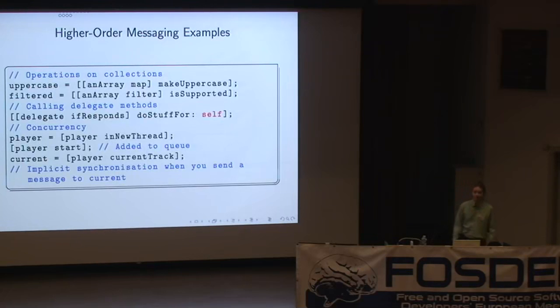And with this higher order message, we just say delegate, if it responds to this, do it. And the result from the if responds method is a proxy, and it then receives the do stuff for message. It checks whether the thing that it's proxying actually responds to that. If it does, it forwards it, great. If it doesn't, then it ignores it.